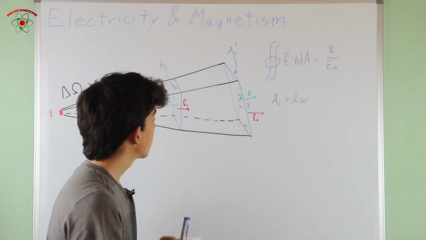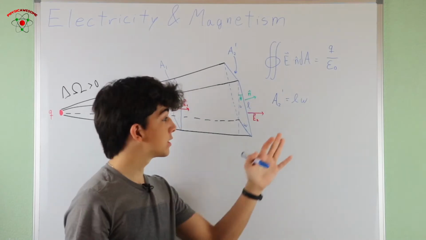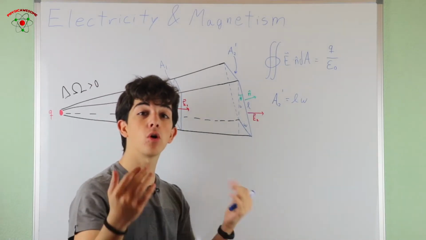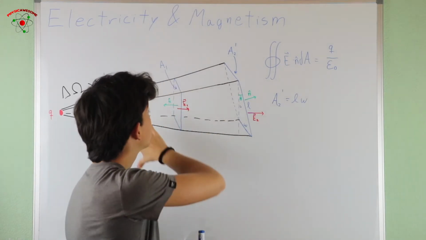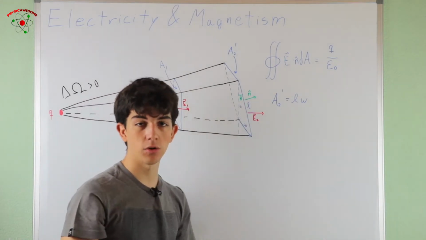Now, we would like to express this quantity in terms of our old A2, for which we have already proven that there is no flux in this surface.